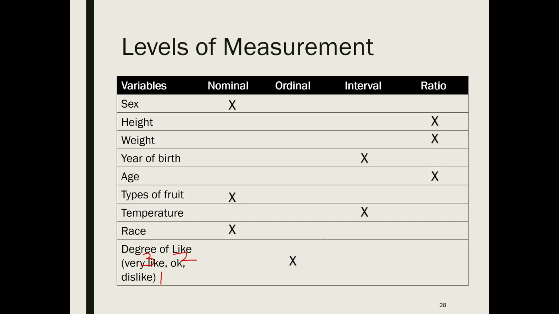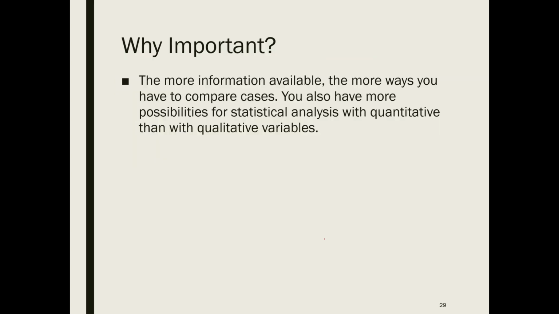So for variables like degree of like, in theory, it is recognized as an ordinal variable. In practice, we usually treat it as a ratio variable and give them numbers like 1 to 3, 1 to 5, or 1 to 10. So they become ratio variables.